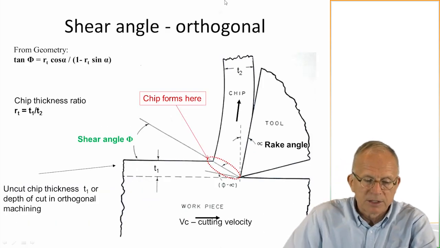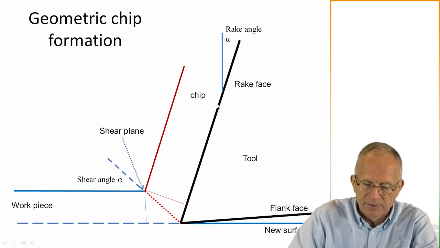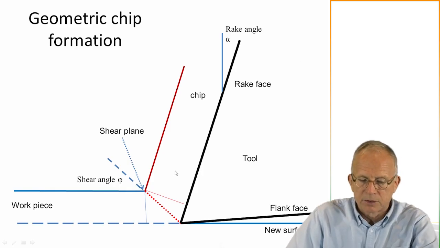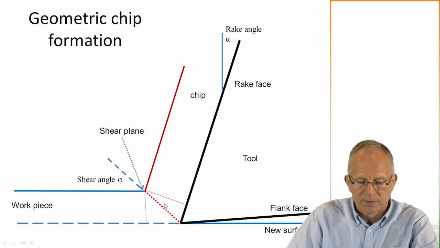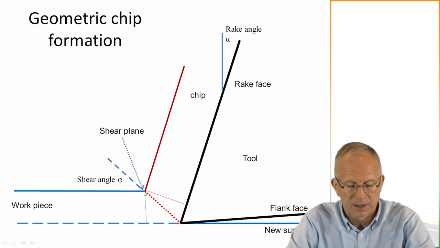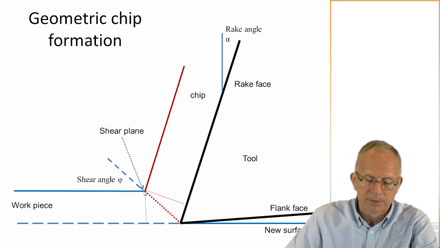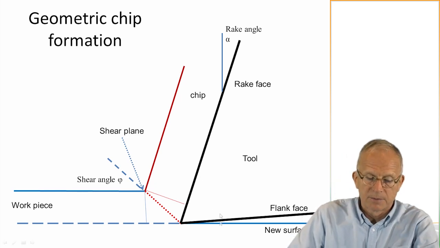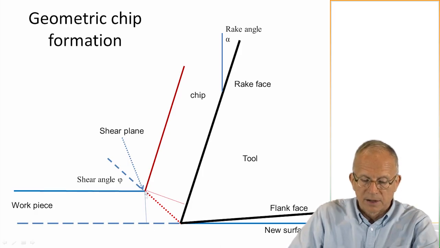So this development is actually not so difficult. I'm going to leave that as an example, but try to get you started on that should you want to give it a try. So the trick in these kinds of forming problems is frequently to find triangles that maybe share a common side. So if we take a perpendicular to the cutting direction here that intersects right where the chip is forming, we have a triangle there and a triangle here.